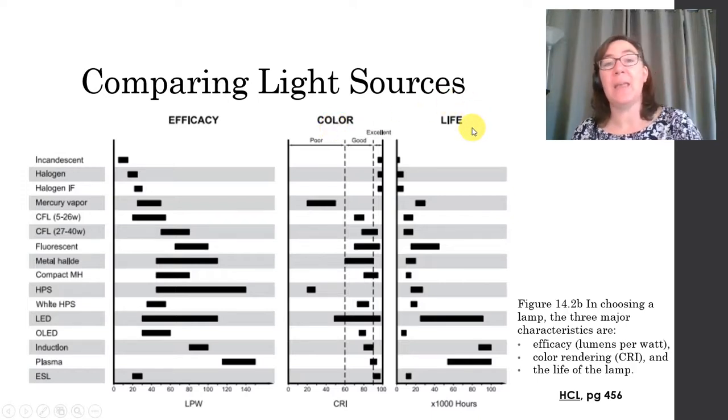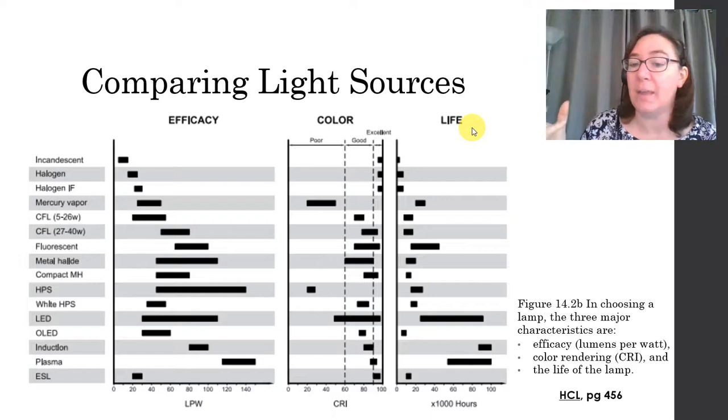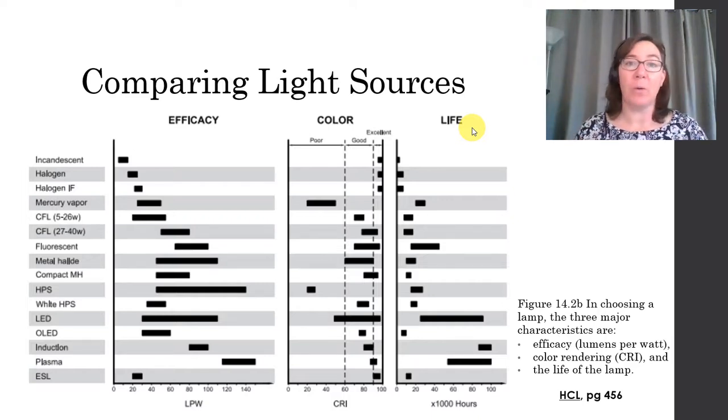This is lifespan specifically of the lamp itself, and it's measured in hours. How many hours will you be able to use this lamp before it fails and you have to replace it?